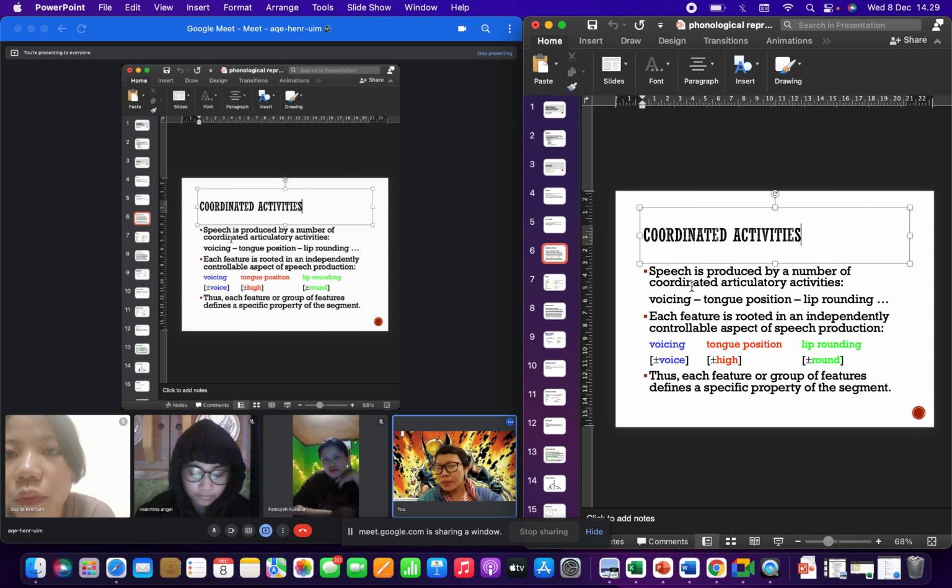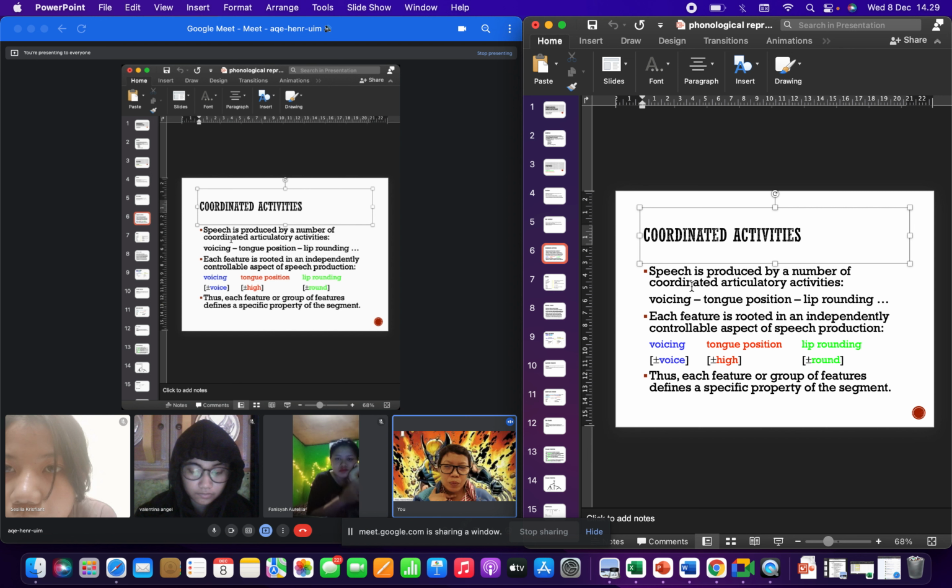What are these articulatory activities? Of course, we have to understand voicing, whether a sound is voiced or voiceless. When I say a vowel, we understand that all vowels and all diphthongs are voiced, while some consonants are voiced and others are voiceless. How do we know voicing?